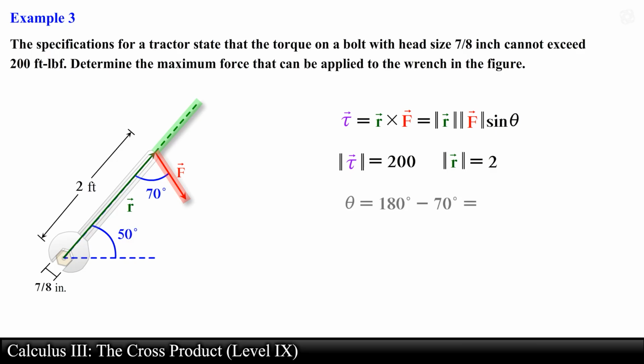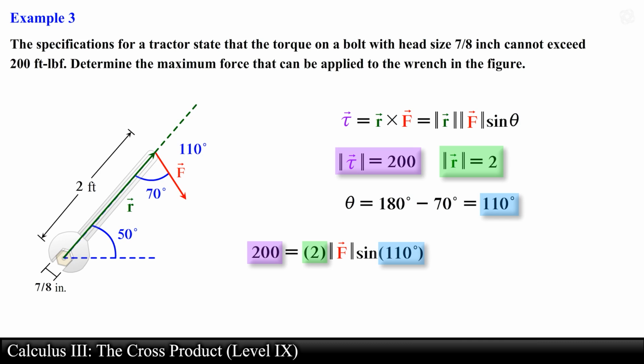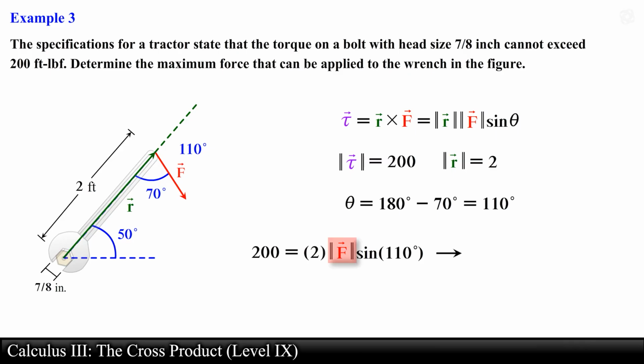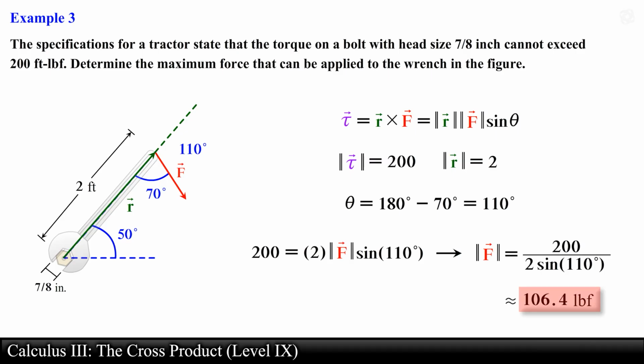In this case, the angle we need can be found by subtracting 70 degrees from 180 degrees. Now that we have our angle, let's substitute these expressions into the geometric definition of the cross product. At this point, it is just a matter of solving for the magnitude of the force vector F. Doing that, and approximating our answer, we obtain 106.4 pounds as the final answer.